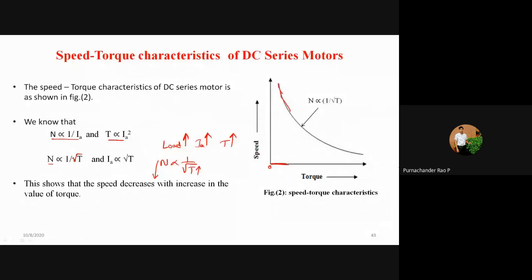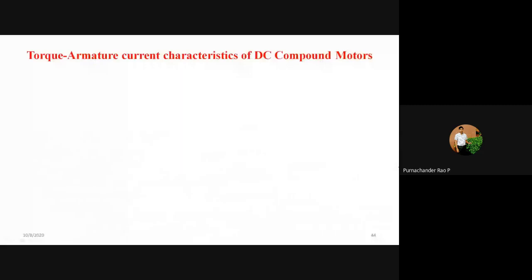And next, now let us consider the compound motors. The DC compound motors are of two types. One is the cumulatively compound motor, and the other is the differentially compounded motor.